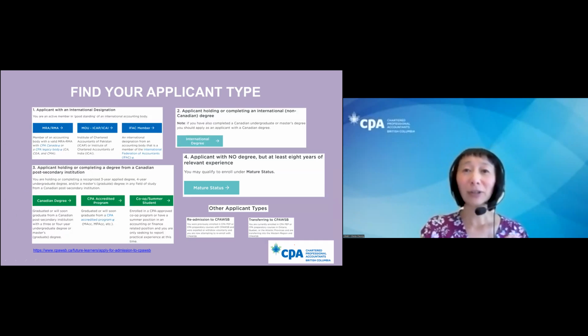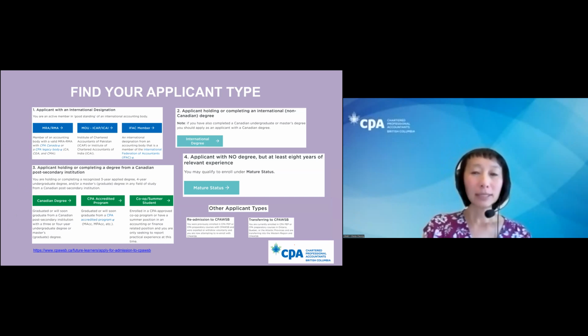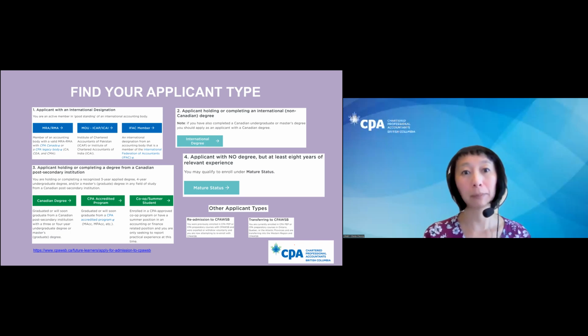So this is a very high level overview of all the applicant types. Now, sometimes it may feel very confusing to self-determine what my applicant type is. I want to make sure I'm applying under the right type because I want to ensure I get the results of my assessment in a timely manner. I don't want any delays for myself.